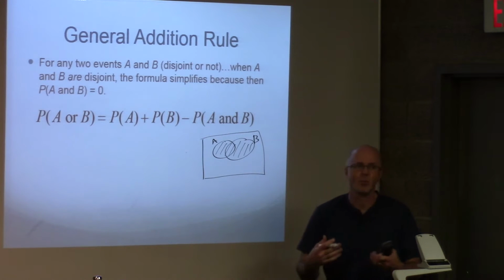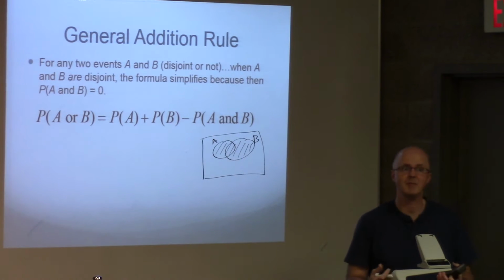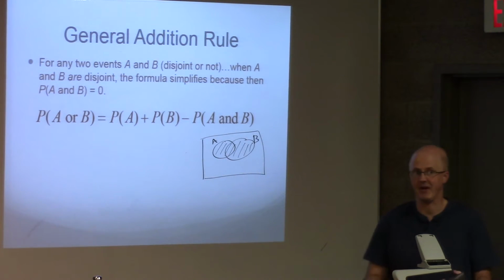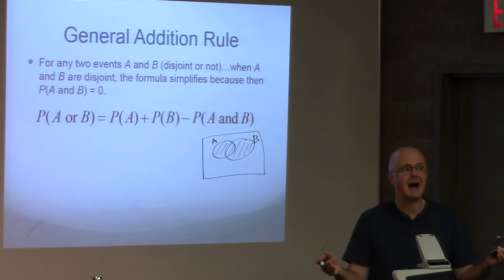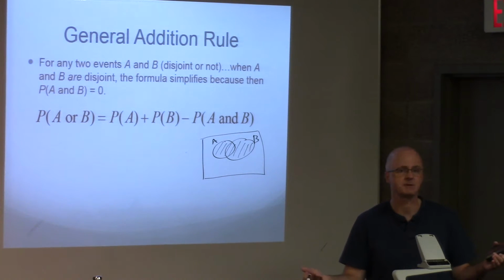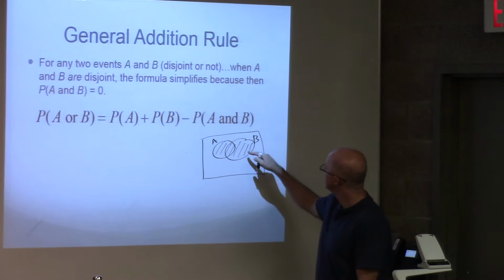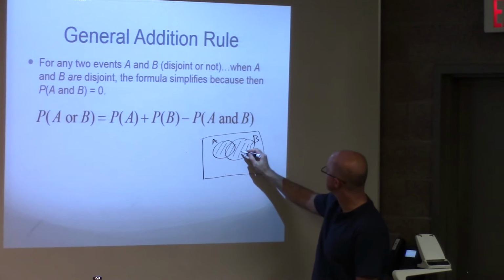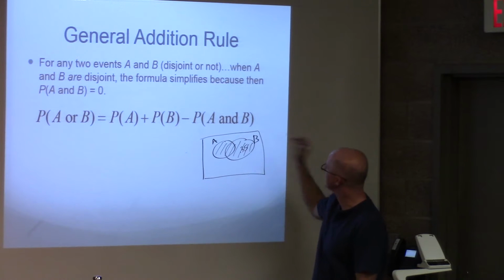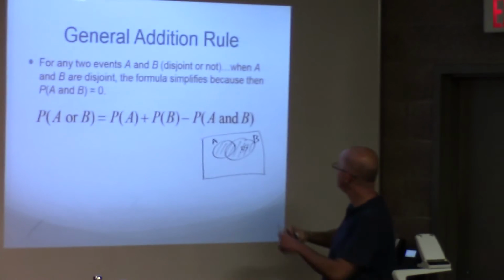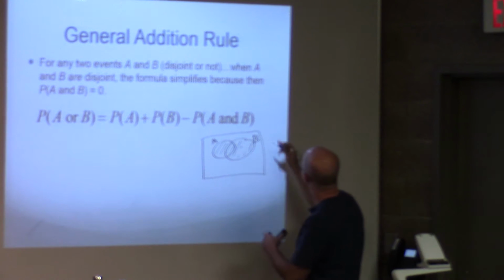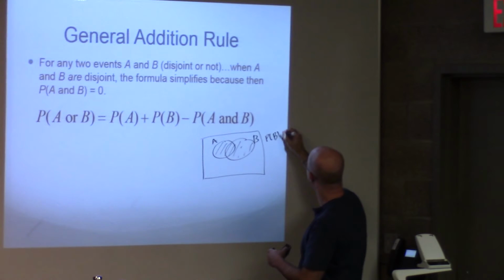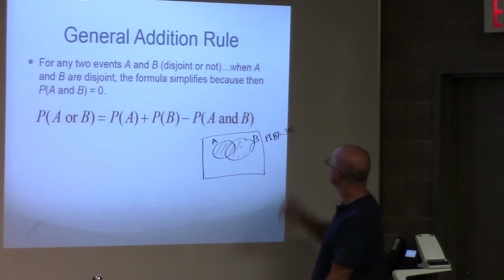I think it's a good idea to imagine the probabilities as areas. Imagine the whole box having area 1. That's the sample space. Think of B as having a certain area, visually perhaps about 0.35. That's all of B. Probability of B might be 0.35.